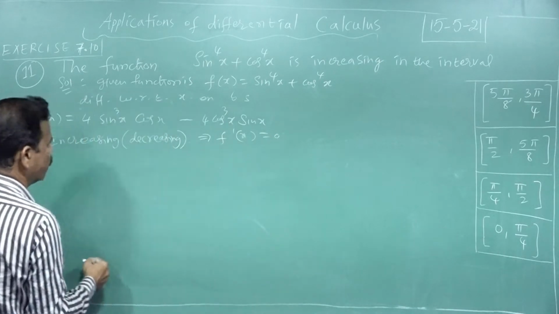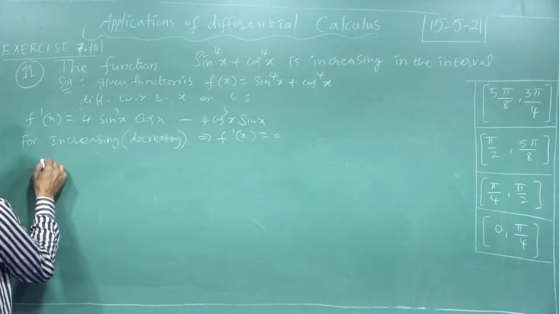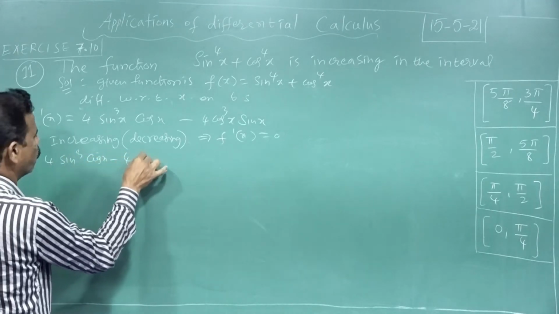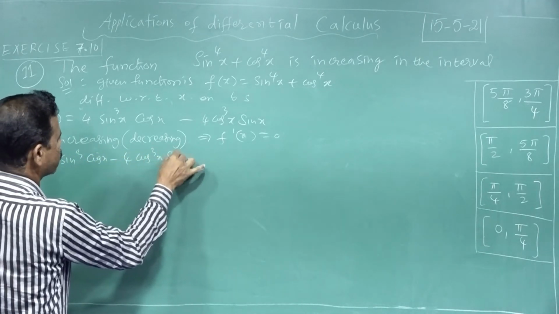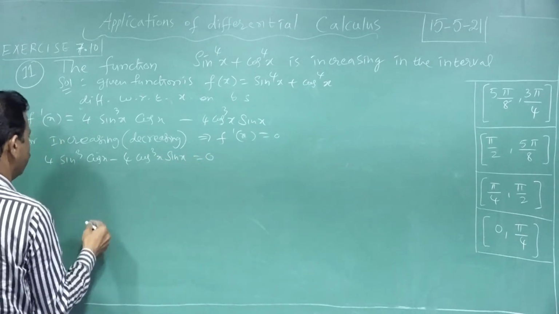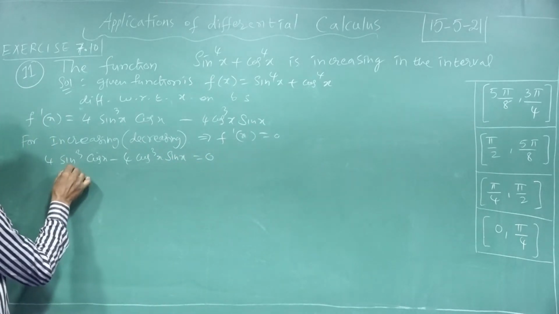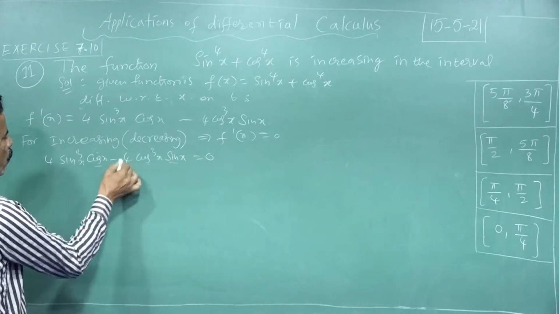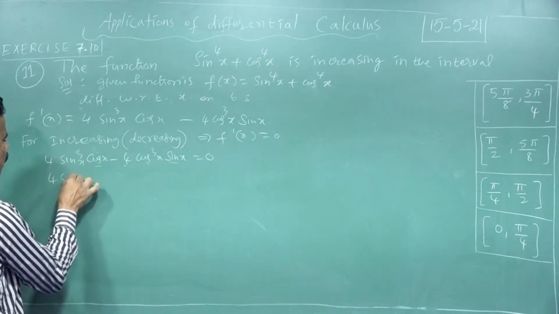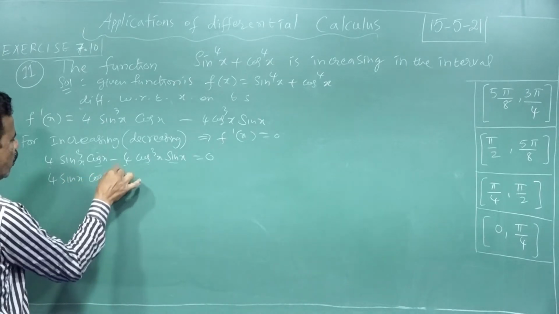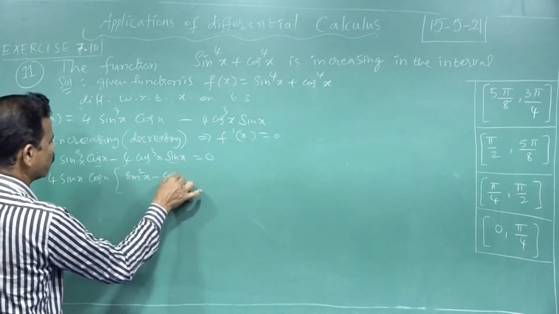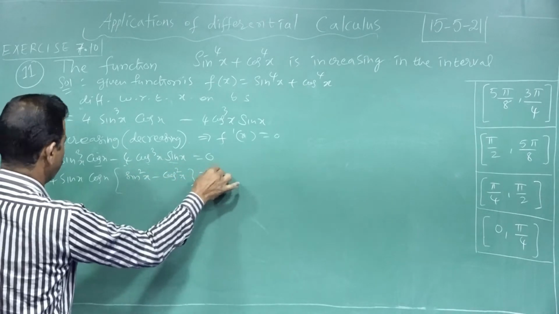And what is f'(x)? f'(x) equals 4 sin³x cos x minus 4 cos³x sin x, equal to 0. Here sin x and cos x are common, and 4 is common. So taking 4 sin x cos x outside, the remaining is sin²x minus cos²x equals 0.